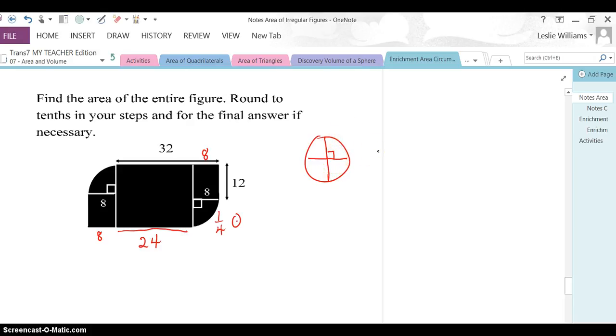So let's just start putting all of this together. Let's start with the big rectangle. So we have 24 by, well, this here is 12, and then we have this radius here of 8. So the height is going to be 20.